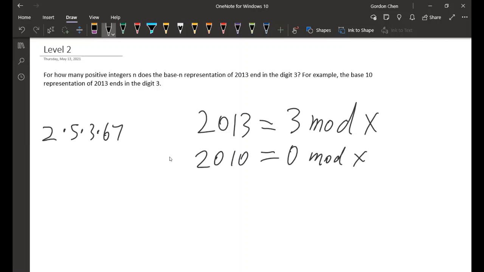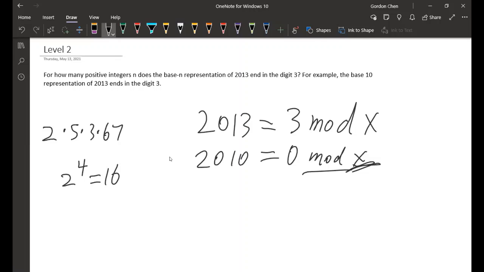And in order to find possible values of x, in total there are 2 to the 4 equals 16 factors.